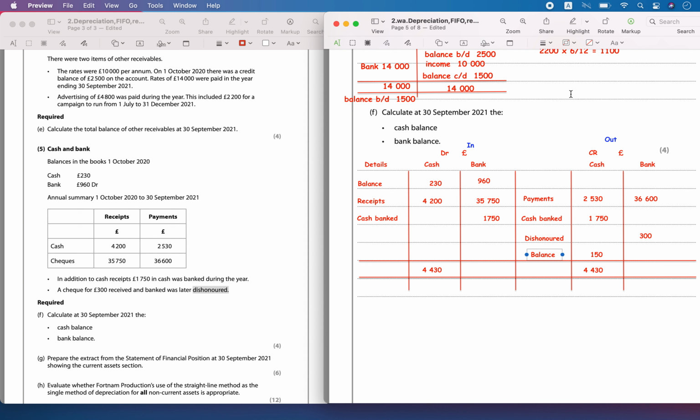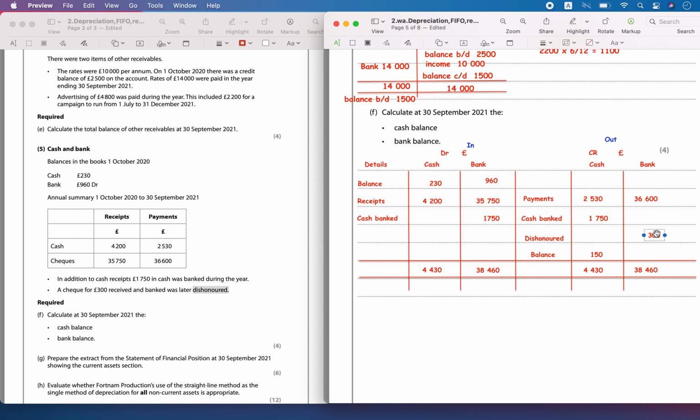Now for the bank we will calculate. It is equal to 960 plus 35,750 plus 1,750, which is 38,460. So 38,460 has to be the same on both sides.